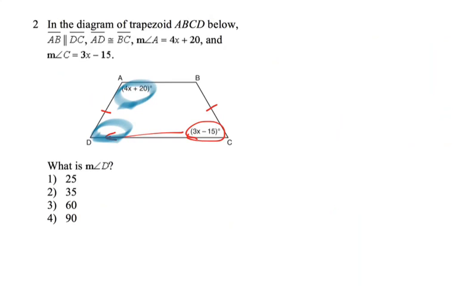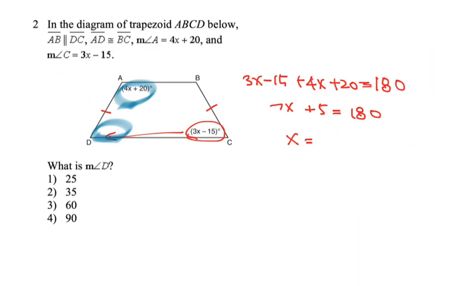So the equation we can write is 3x minus 15 plus 4x plus 20 must be equal to 180. Then we get 7x plus 5 equals 180. So 7x must be equal to 175. And when you divide by 7, x must be equal to 25.